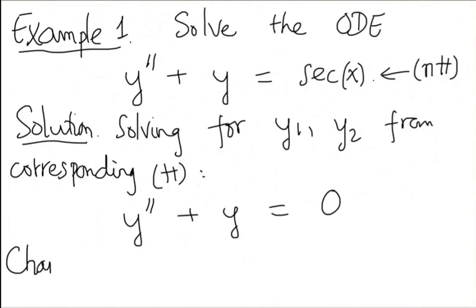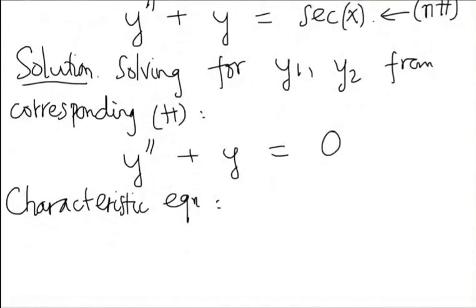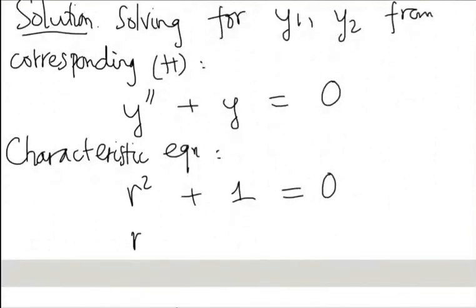We have the characteristic equation r squared plus 1. Be careful here, there's no y prime, so no r term. Just y gives us just 1. Solving this, we have r squared equal to -1, and taking the square root, plus or minus i.